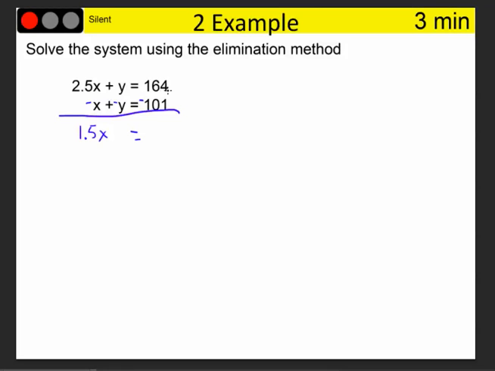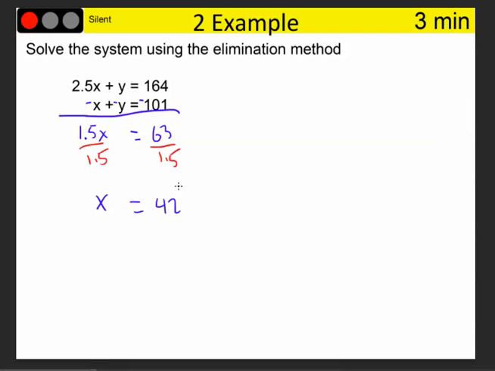And then 164 plus negative 101 is 63. Alright, so now I can divide both sides by 1.5. So we get x equals 42.